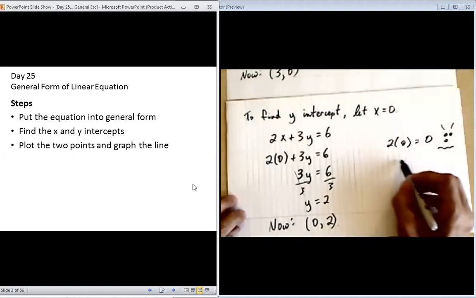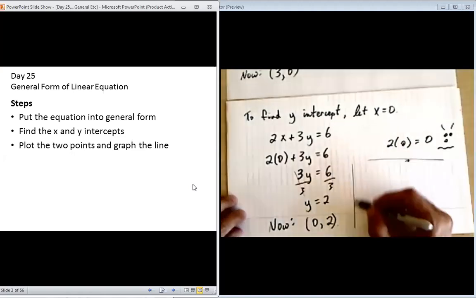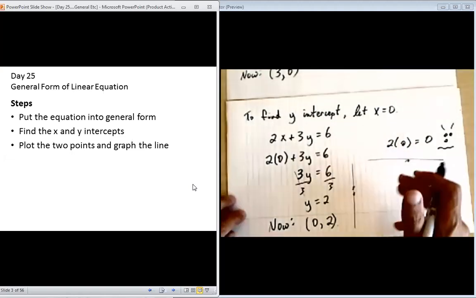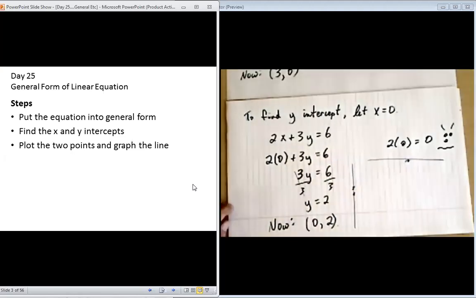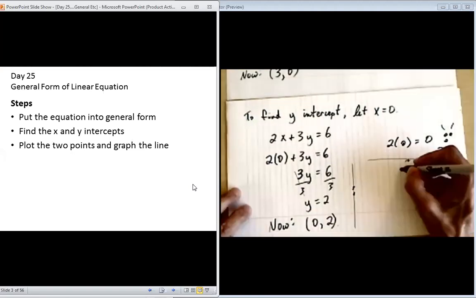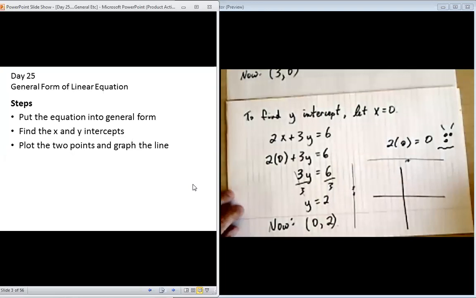With these two points, all we do now is graph them and connect the dots. Got to be careful with the order still. Where is 3, 0 going to go?